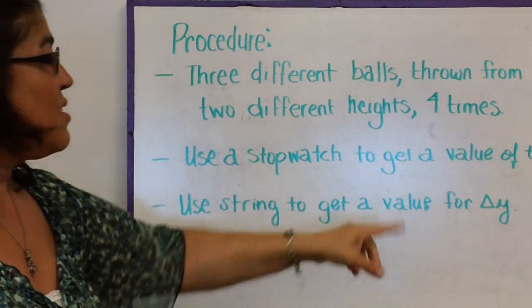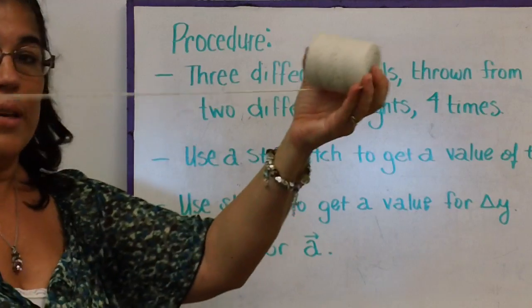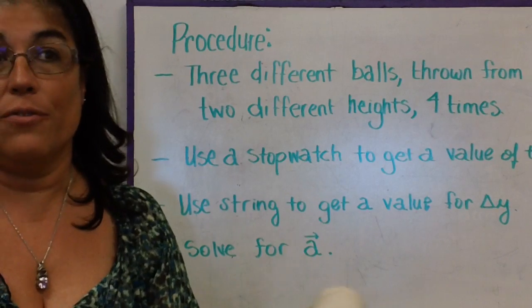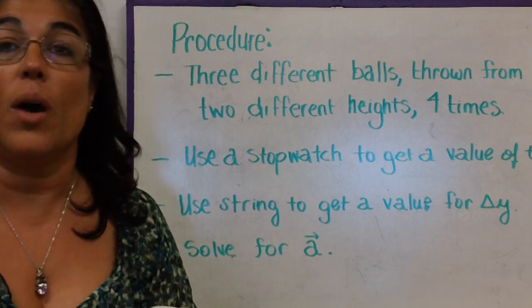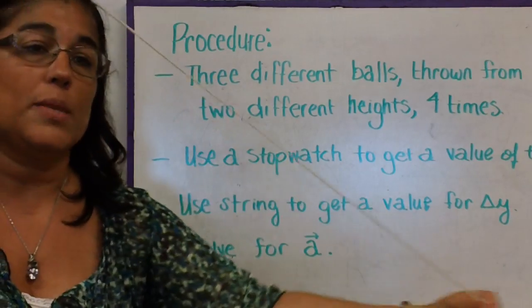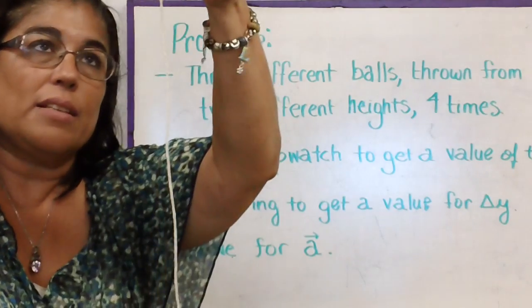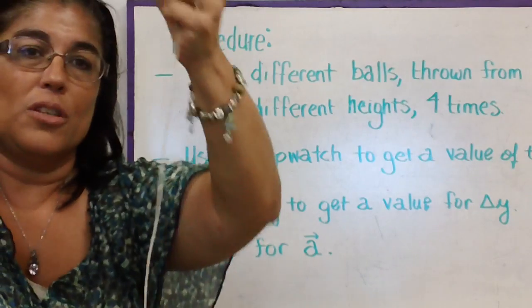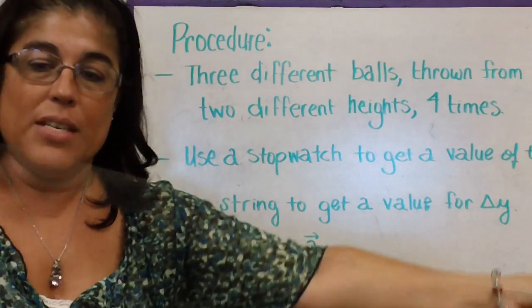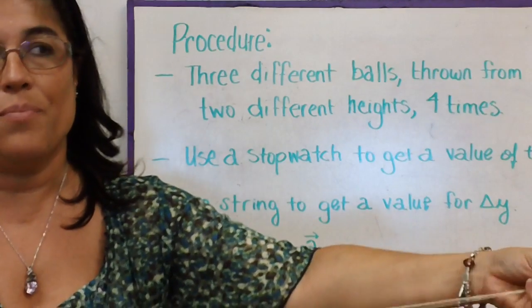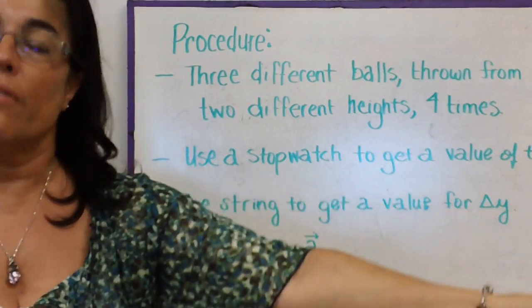To find our delta y value, we're just going to use string, because our yardsticks or meter sticks are not large enough. It would take about 20 of them to go up that height. Each group will get a piece of string, and you're going to drop it and mark at the top the height you're dropping from. From this piece of string, we can lay out a measuring tape and find out how long that distance is.